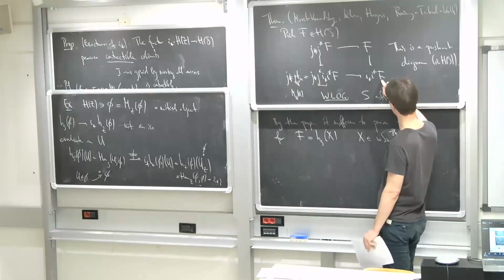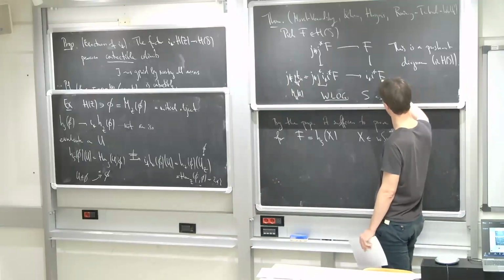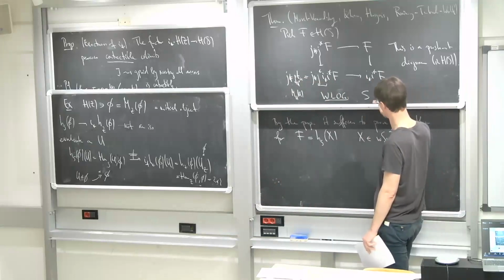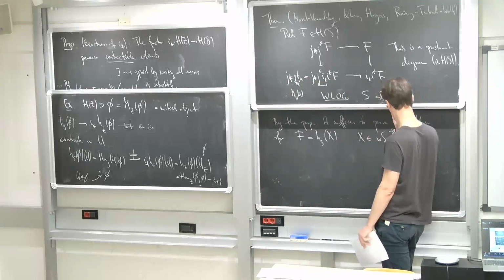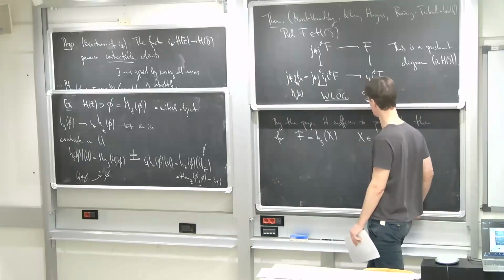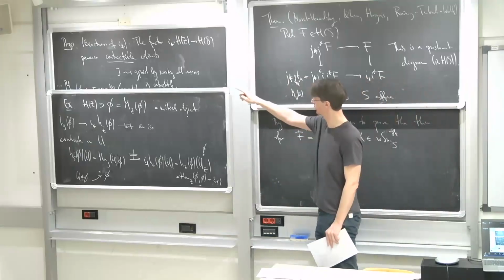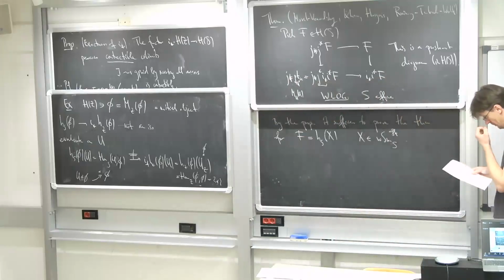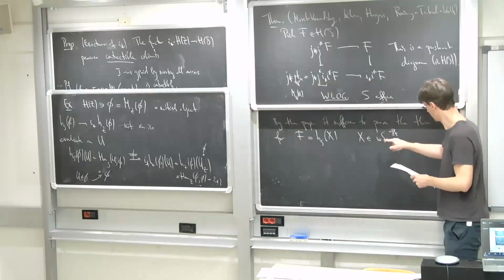Again, a priori, you will want to get any pre-sheaf here. But all these pre-sheaves are sifted colimits of representables, and sifted colimits are in particular contractible. So that is this reduction step.